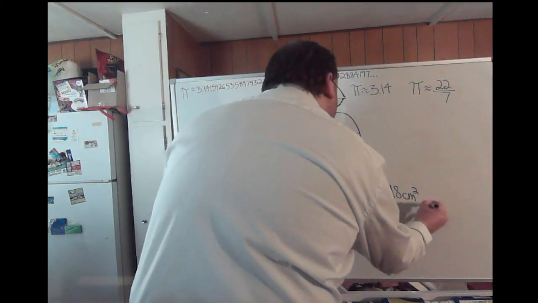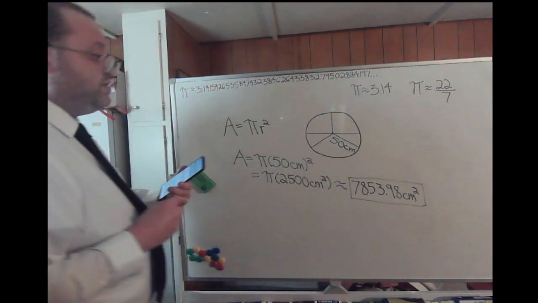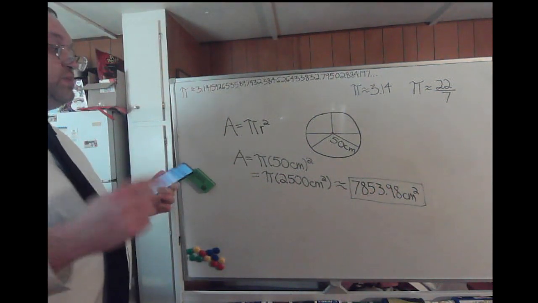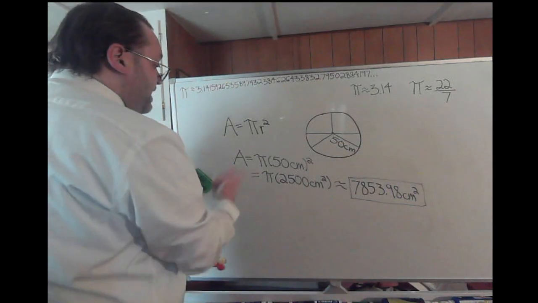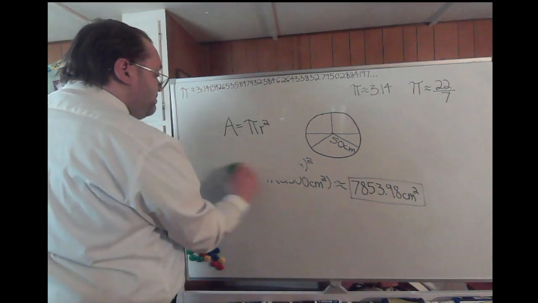So the area of this circle is about 7,853.98 square centimeters if you had a radius of 50 centimeters. And let's do one more.